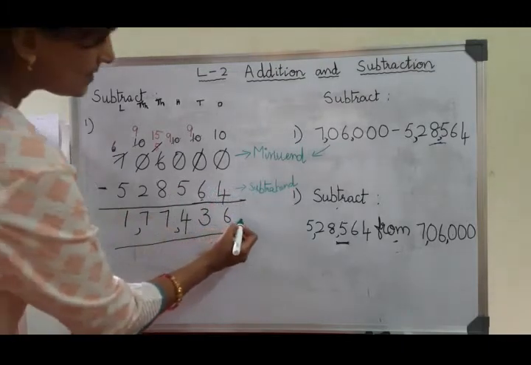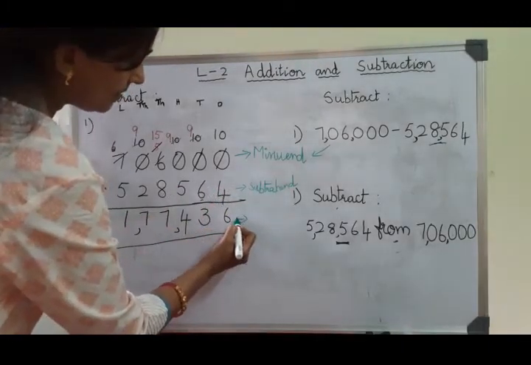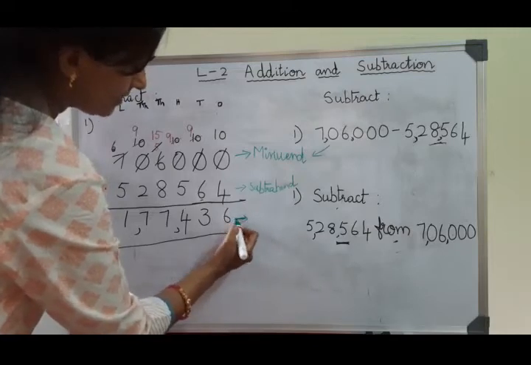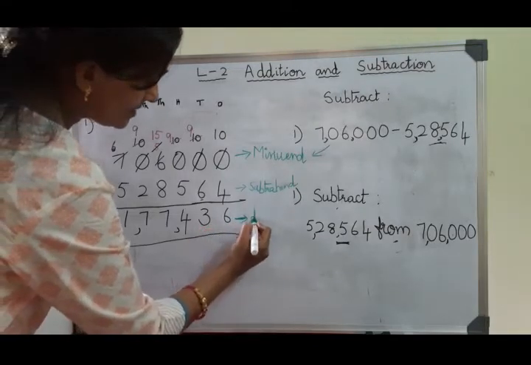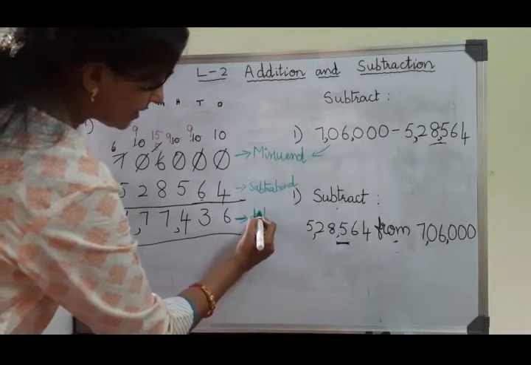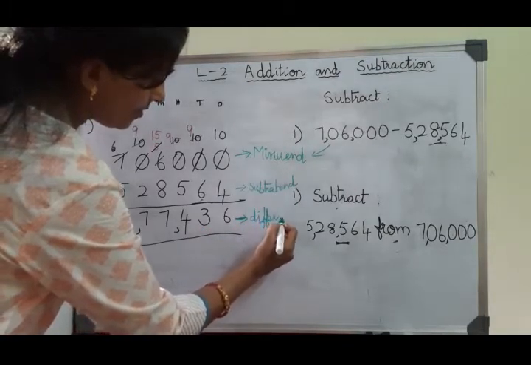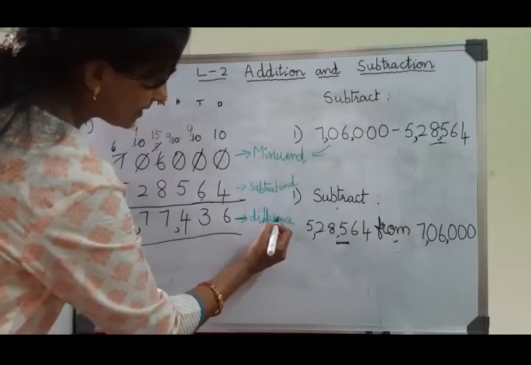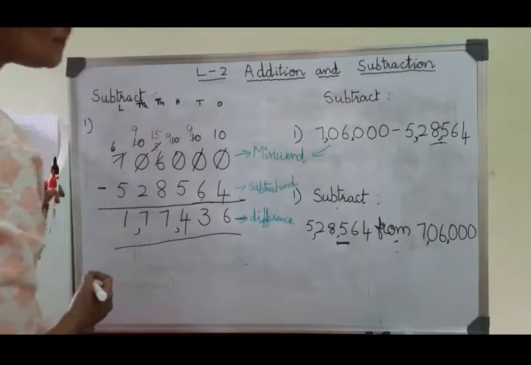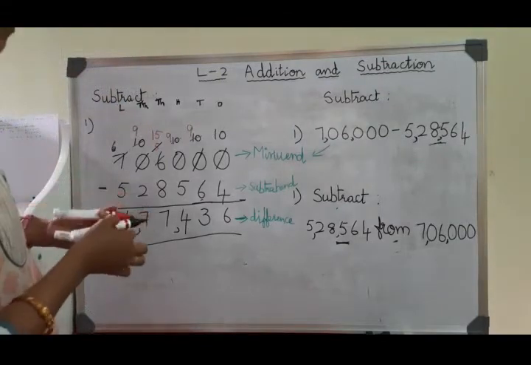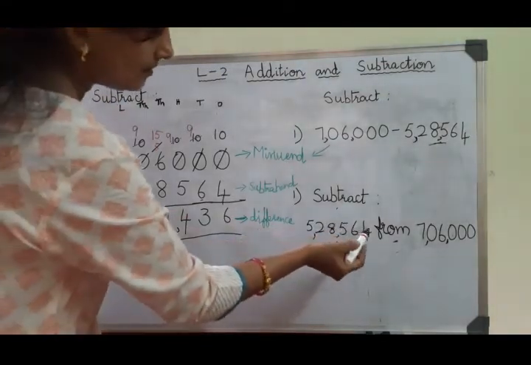Now, what is the answer we are getting? We denoted the answer of addition as the sum. Like that, here it is the difference. The answer of a subtraction operation is known as the difference. You should be a little bit careful when the sum is written.